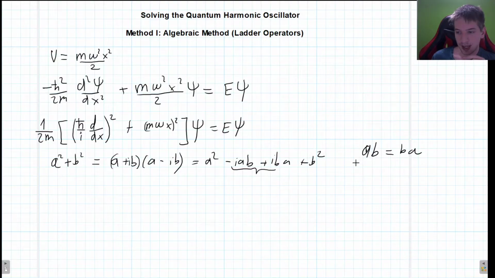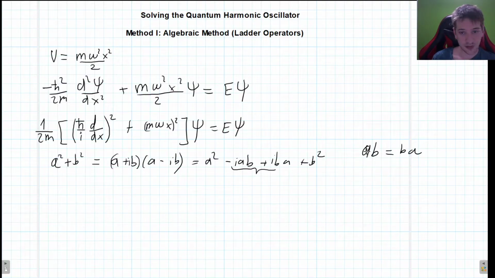So when we have this right here, we say that a and b commute, because a times b is the same as b times a. That is true for all of the real numbers. However, that is not necessarily true for operators.